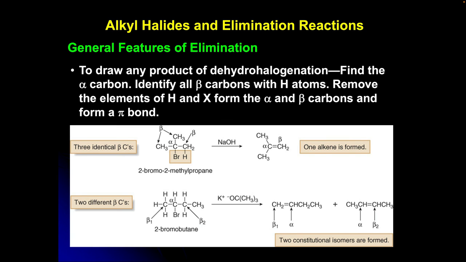And so when we do the reactions, we end up with 2 different products, right? We can end up with a carbon-carbon double bond between alpha and beta 1, which gives this molecule. How would you name that? 1-butene. How would you name the second one? 2-butene. They have different names. They are different products, right? Which one would you think forms in greatest amount? Is it equal? Is it unequal?